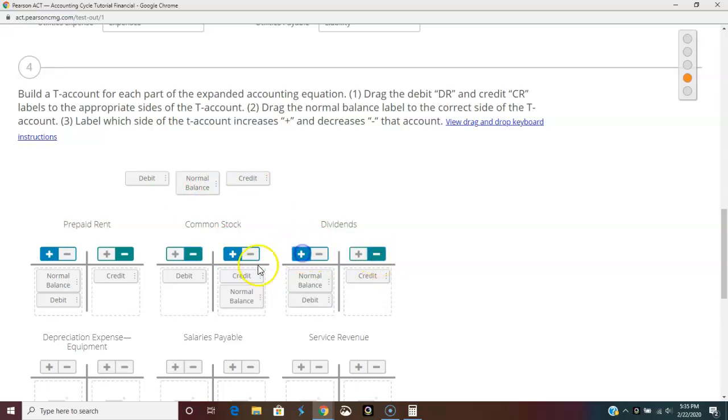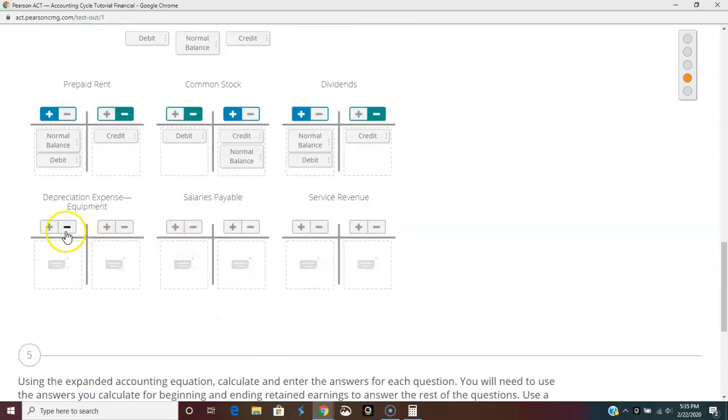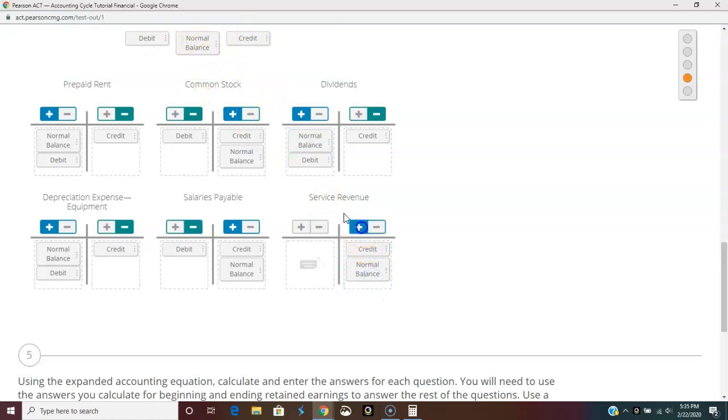Credit is the negative. Depreciation expense, and expense is an expense. Normal on the debit side. Credit's the negative. Salaries payable, it's a liability. The debit side's the negative, and revenue, it's the same. And the debit is the negative.